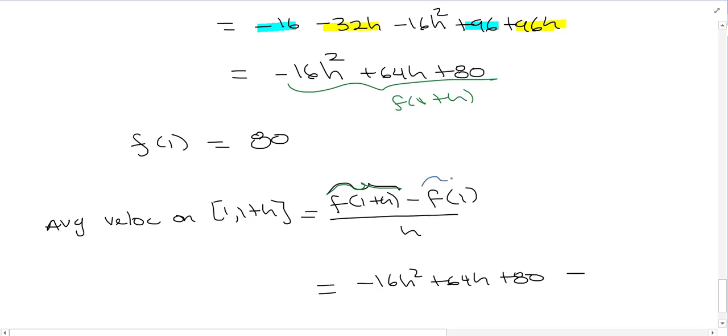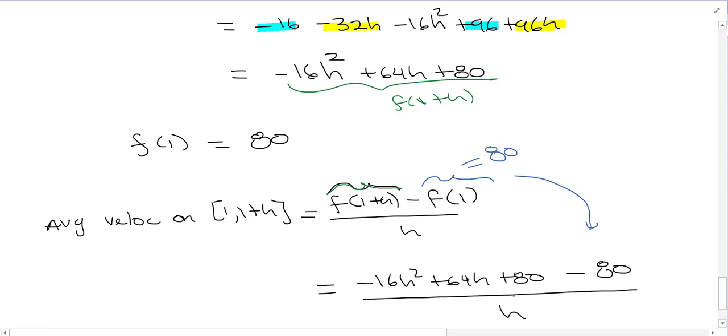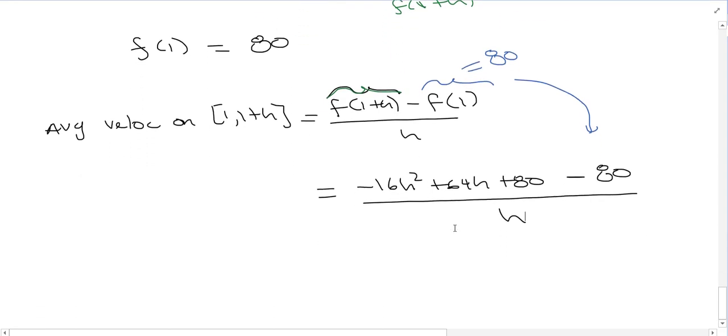F of 1 is 80, so we put that in here: minus 80, all over h. And notice that our 80s combine to give us 0, positive 80 minus 80 is 0, and we're left with things that have an h.